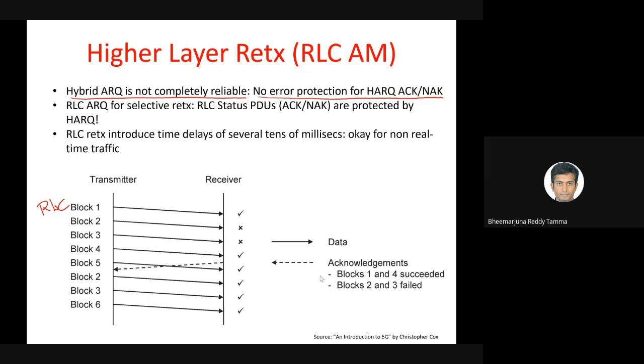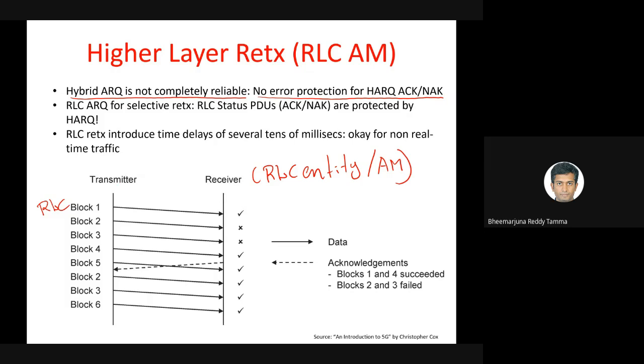And in this case, we need to get an acknowledgement from the receiver, where the acknowledgement from the receiver is carrying a lot of information. I'm talking about the RLC entity here, which is configured in AM mode. Similarly, the RLC entity at the transmitter. So the correspondence is happening between these two entities.